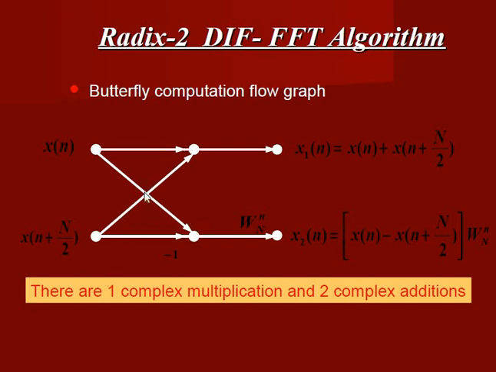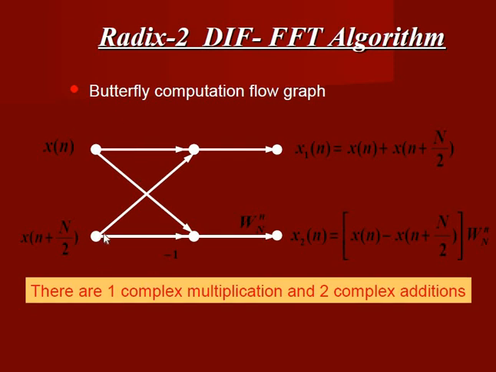The butterfly is created, the multiplication means this is the point where the combination is done. The above part is addition, that is xn plus xn plus n by 2. The below part is subtraction.